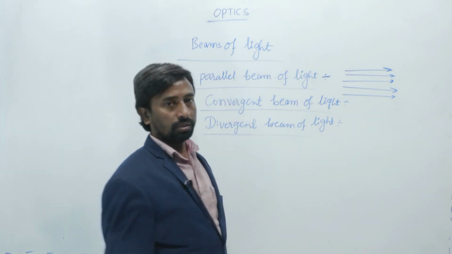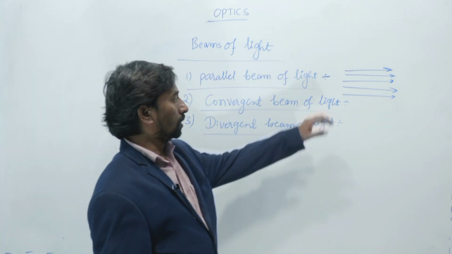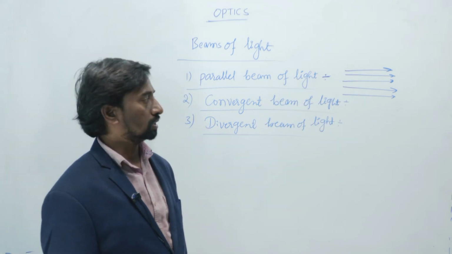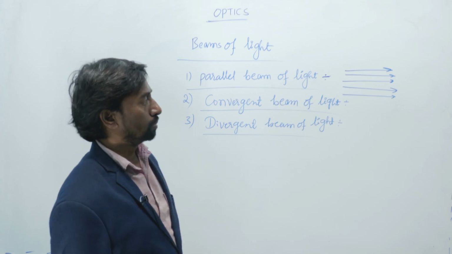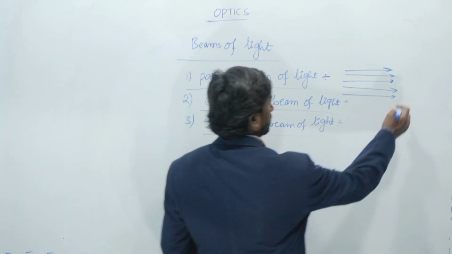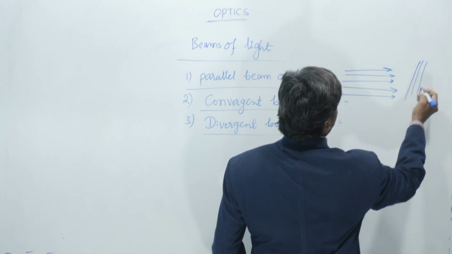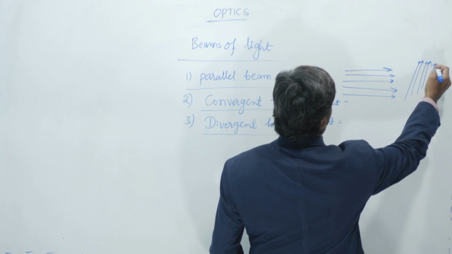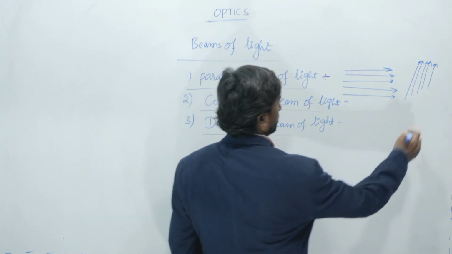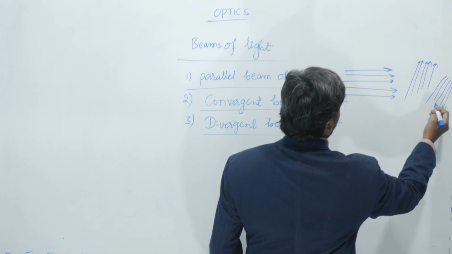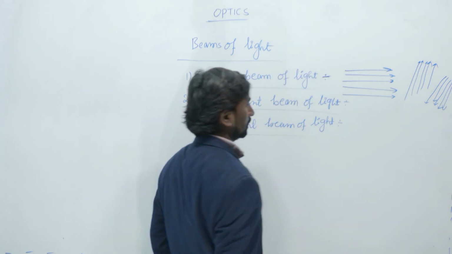Then that beam of light is said to be a parallel beam of light. It may be like this also, but they are all parallel to each other. Or they may be like this, but parallel to each other. Those light rays are said to be a parallel beam of light.